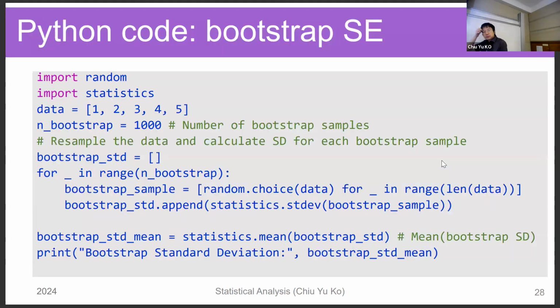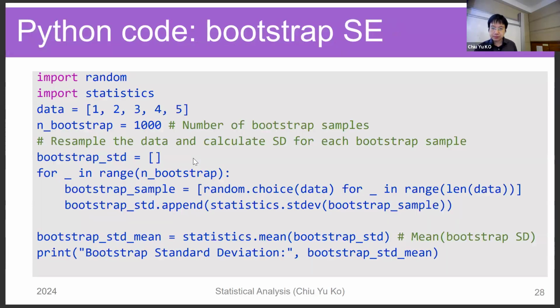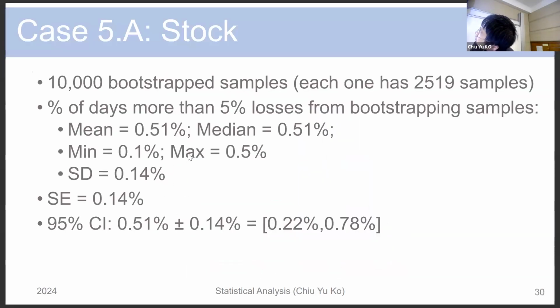Now, here's what I do. This is an example. Maybe I can skip this example because I can go directly to the case of the stock. So I want to do 10,000 bootstrap samples. Usually maybe we'll do fewer, but in this case, I can do 10,000 as well.